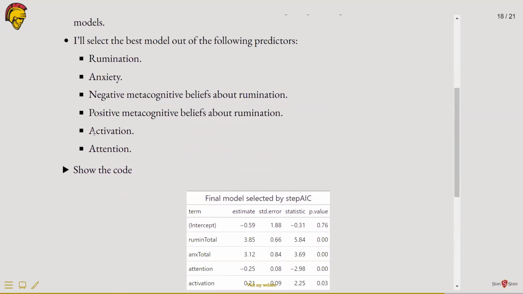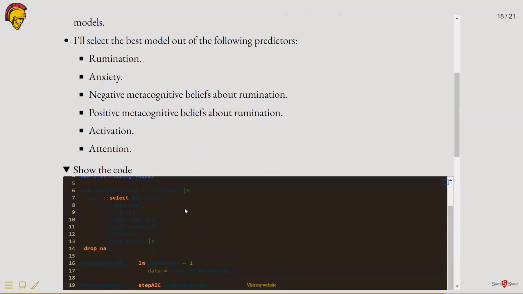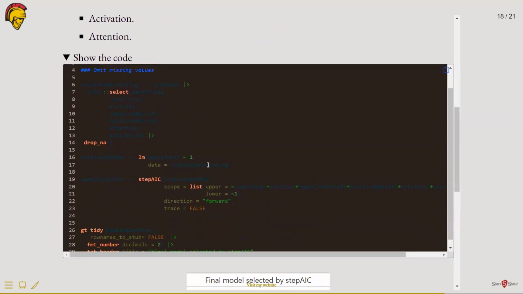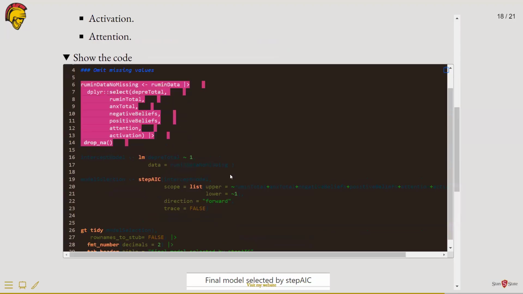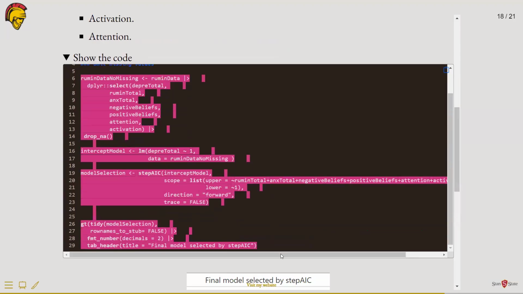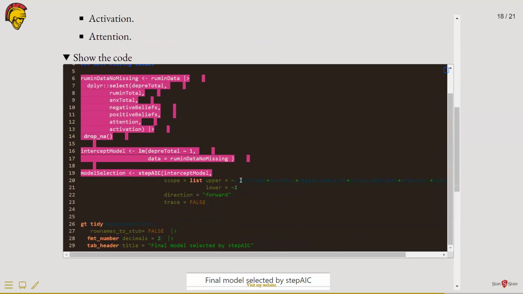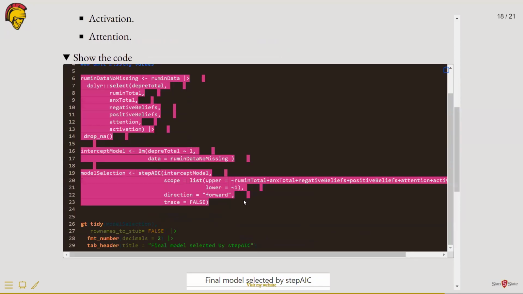Or I don't know if I did it. Let me check. Don't remember. If I did it, that's a big relationship. Let me double check. No, I think I did it.